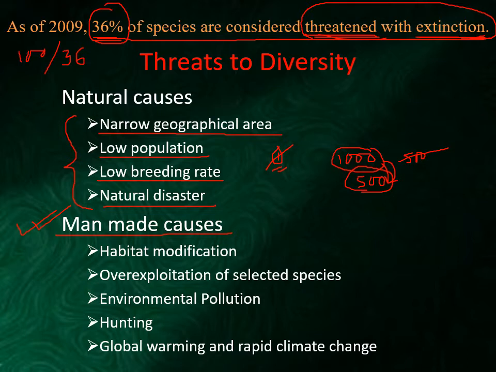How? The first one is habitat modification. We all know that the number of human beings is increasing exponentially day after day. So to accommodate this increasing human population, we are encroaching on newer and newer habitats.